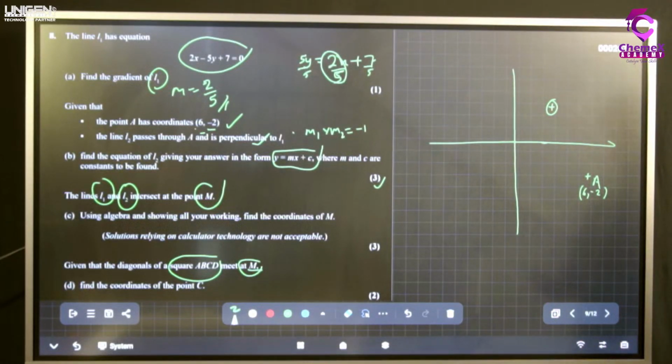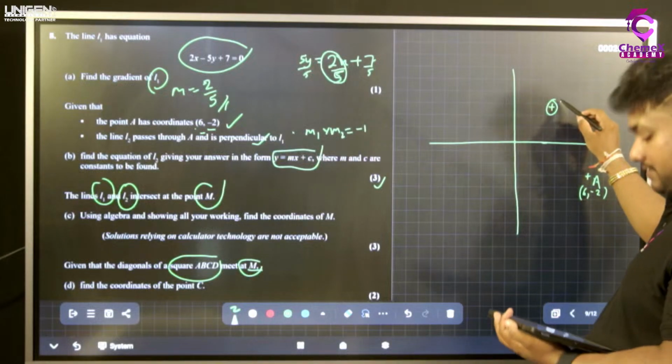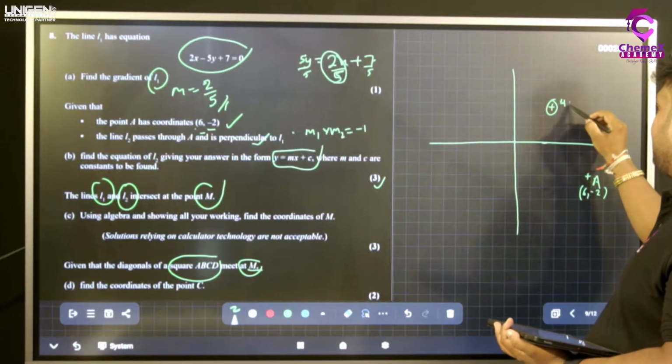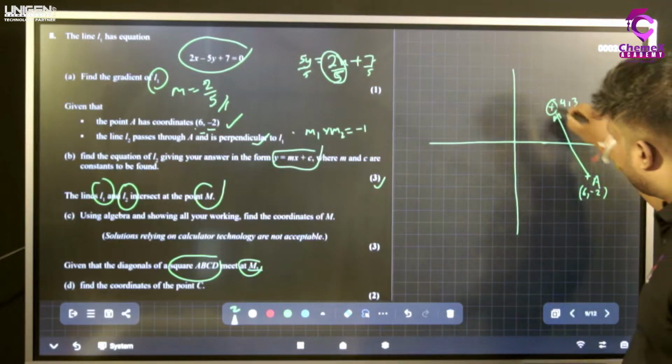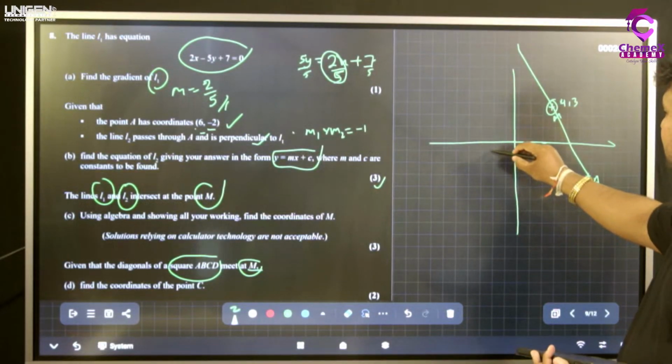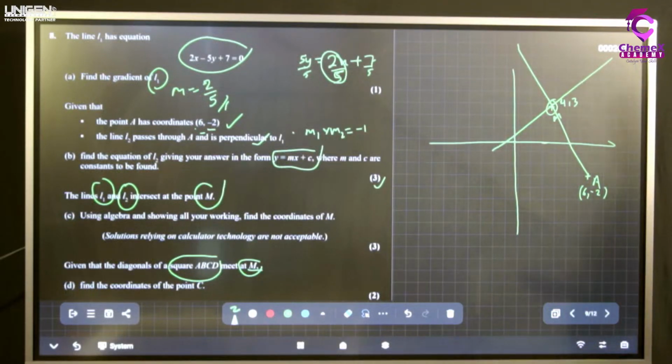Okay, all right. Next, A is known, M is known, 4 and 3. So if it's a square, one diagonal goes like this and the other goes across like this. Is that the way? Yes.